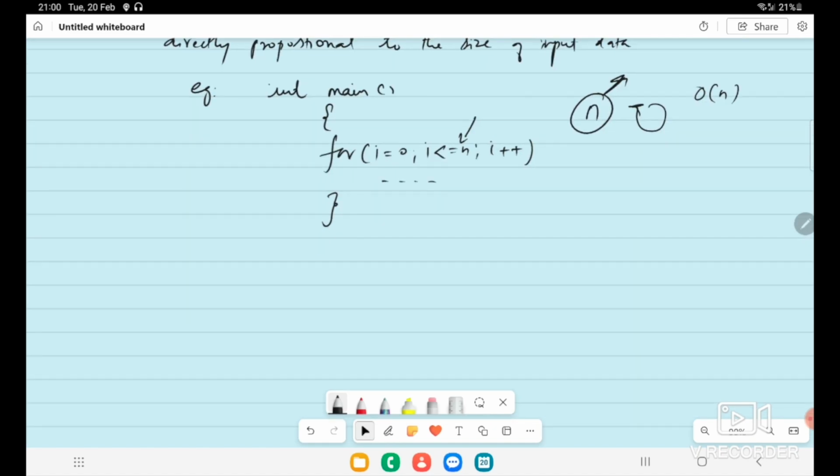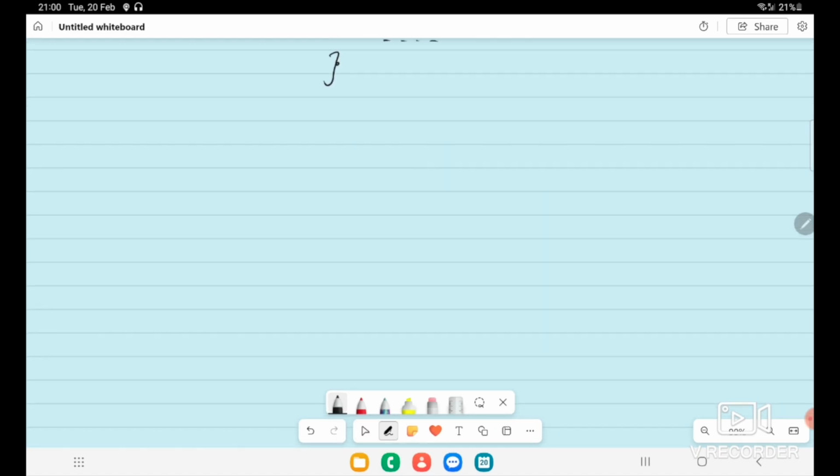And then the third one is order of n square, quadratic.